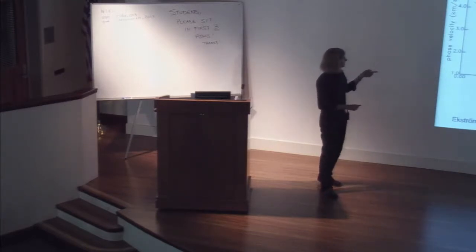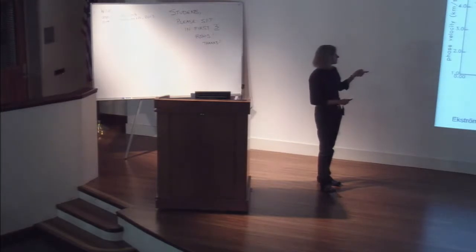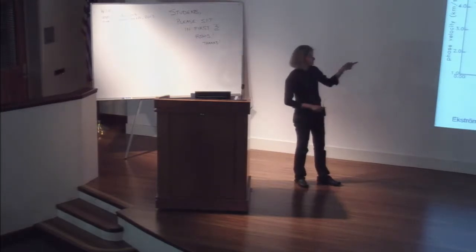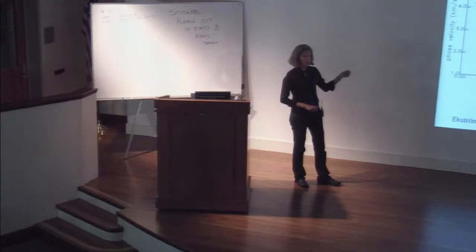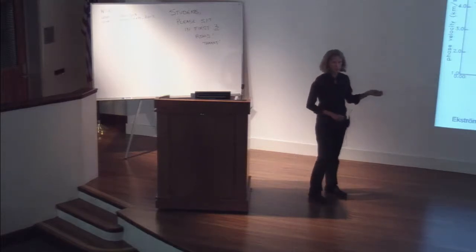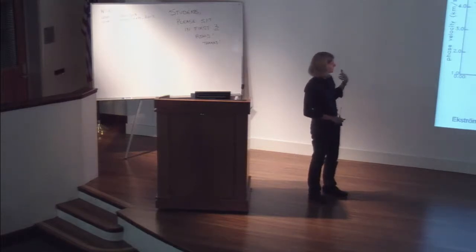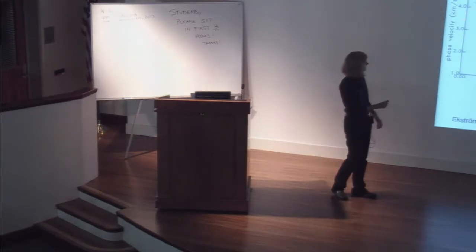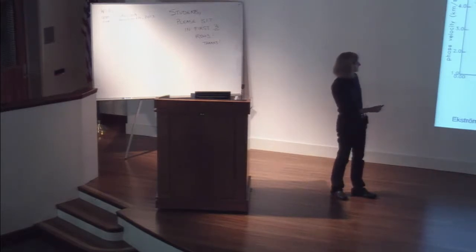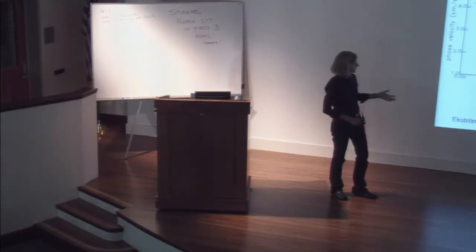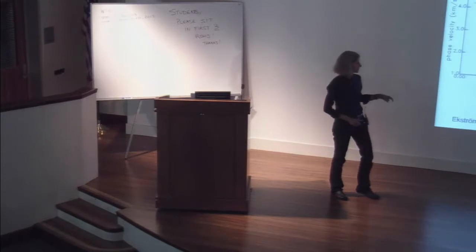So here's an example. Here's Love waves and Rayleigh waves for a location in northern Minnesota where the sediment cover is relatively thin. The observations are the dots, and the predictions are the lines. And there's actually quite good agreement in a setting like that between the predictions and the observations.